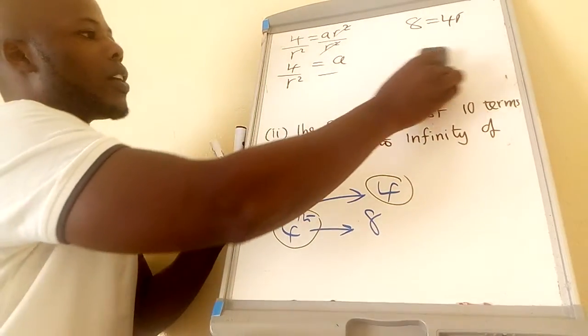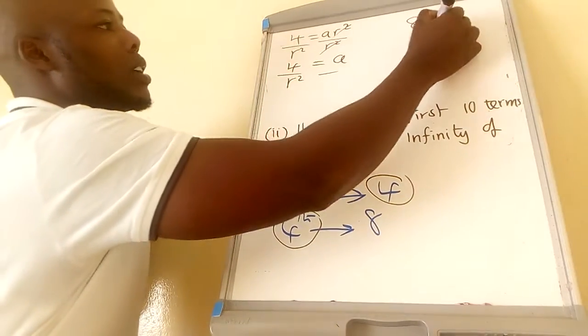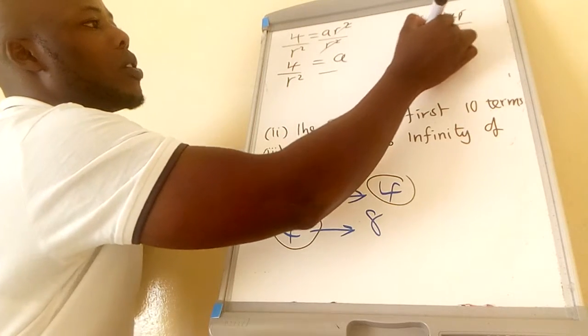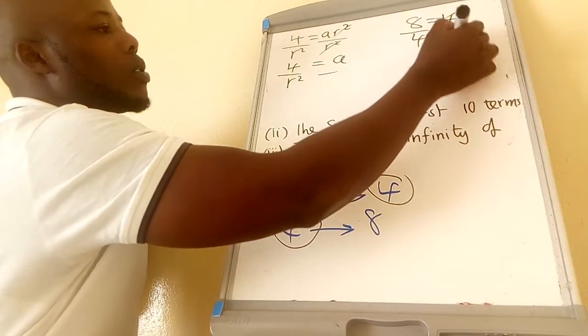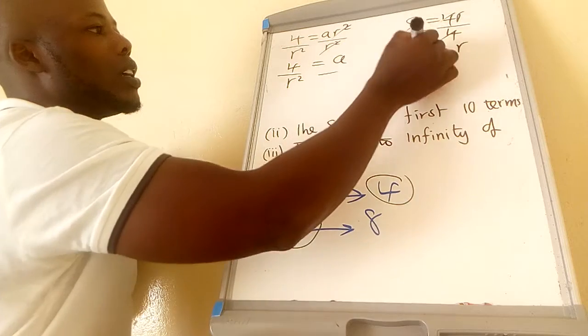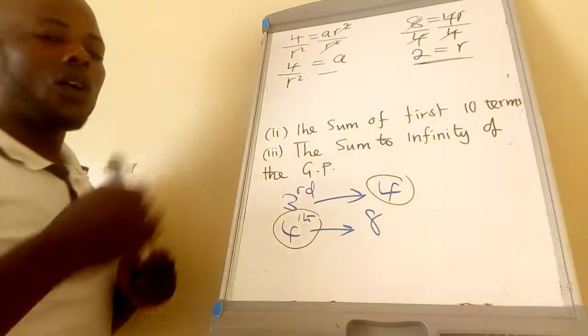We can solve for R, the common ratio, by dividing by 4 on both sides. We remain with R, and here we have 2. So our R is 2.